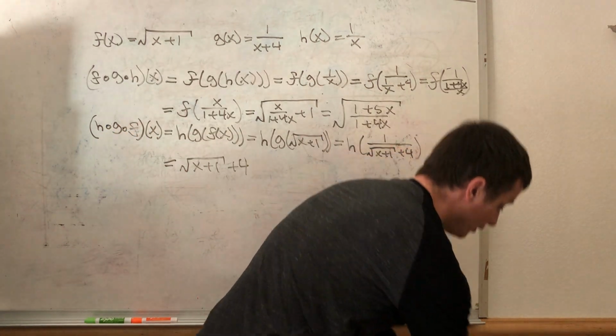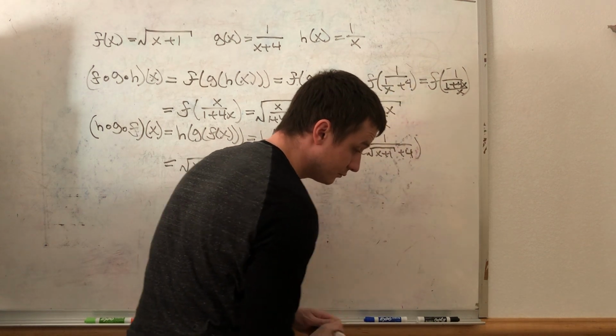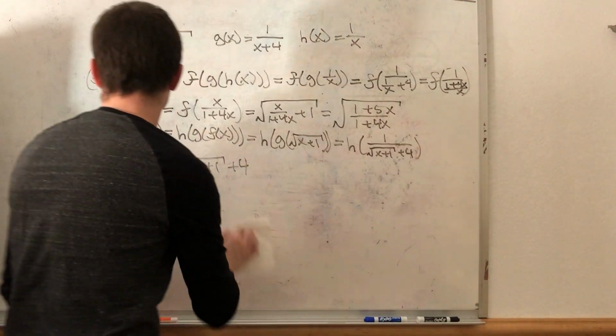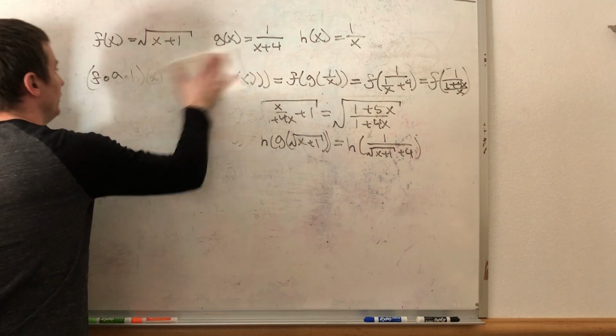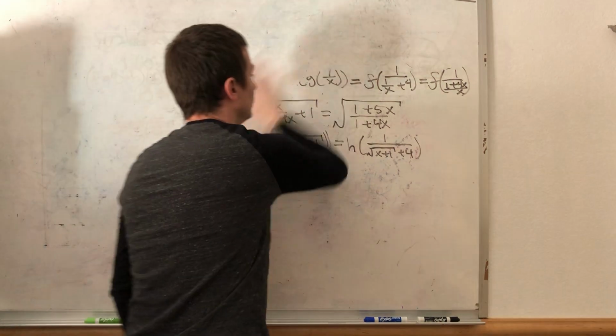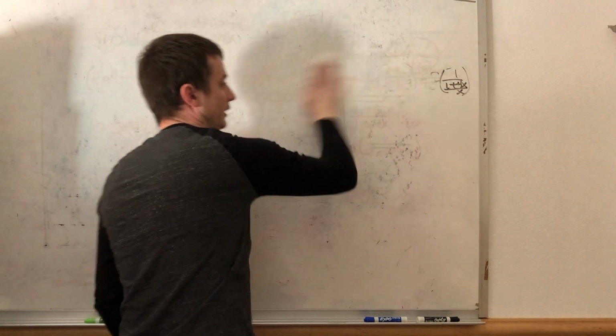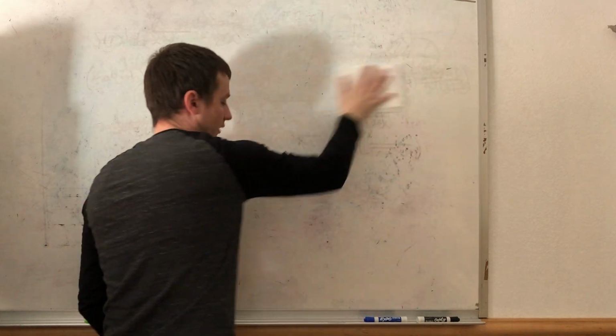Okay, problem 5. Problem 5 was a proof using the epsilon-delta definition of a limit. And so given an epsilon, you were supposed to come up with a delta that satisfies the implication.